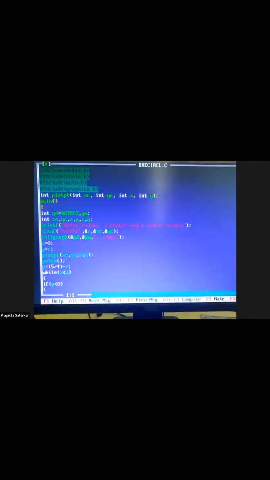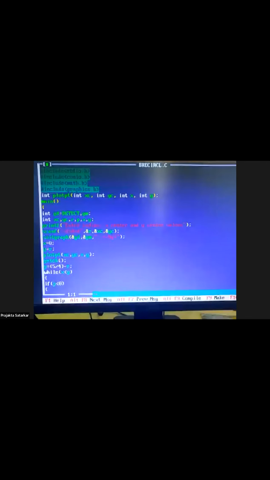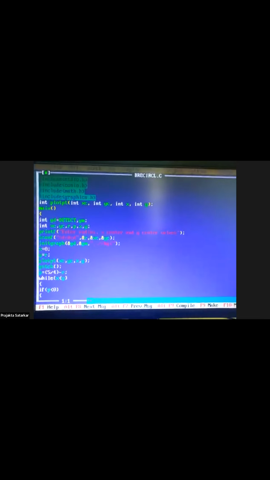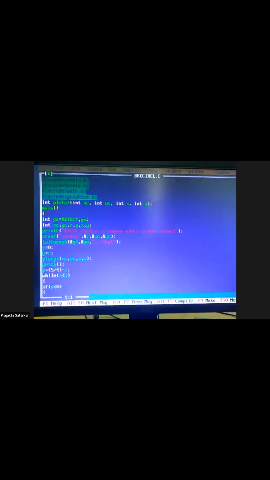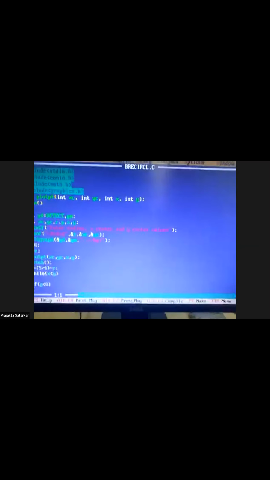Okay, so just tell me whether the screen is visible to you. Yes, ma'am. Excellent. Blur? You are getting blur. Yes, ma'am. What about others? A little bit blur, ma'am. Okay, so I believe when the camera is moving, at that time you may be getting a blurry image.